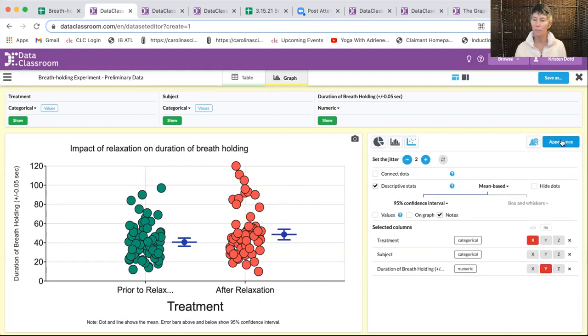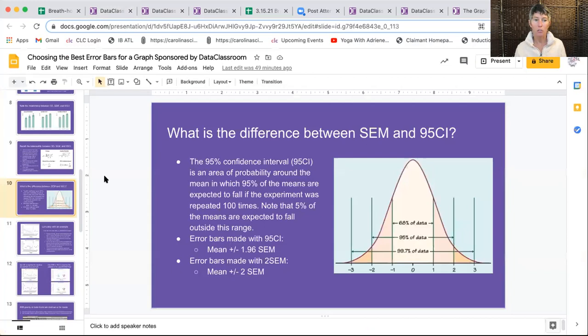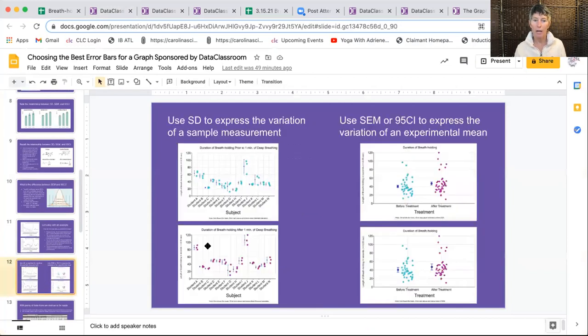So all of the manipulation I want my students to do are present in DataClassroom, and therefore they're able to quickly move through the raw data analysis. All of the things we did with data analysis were allowing us to take a look at how the standard deviation of the raw data breakdown for each student's trials was easy to visualize, and we can look for changes in the trend for individuals before we talk about the mean and how the mean for each of those treatment groups before and after differed.